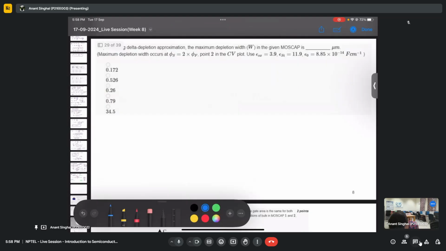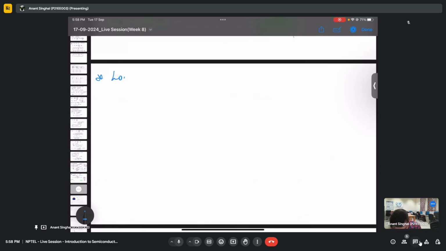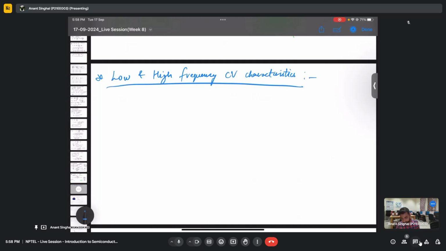So what we have not considered till now is the frequency effect. What can the frequency do? So let me put the heading low and high frequency CV characteristics. So first of all, what is low frequency and what is high frequency?